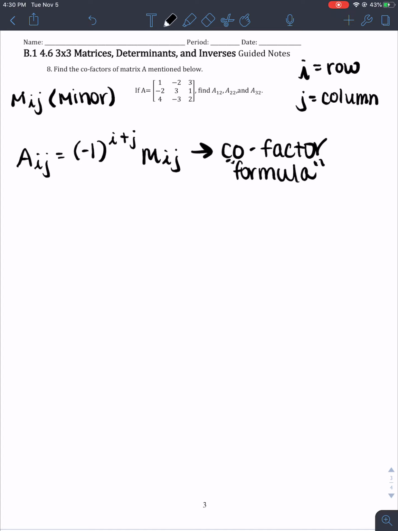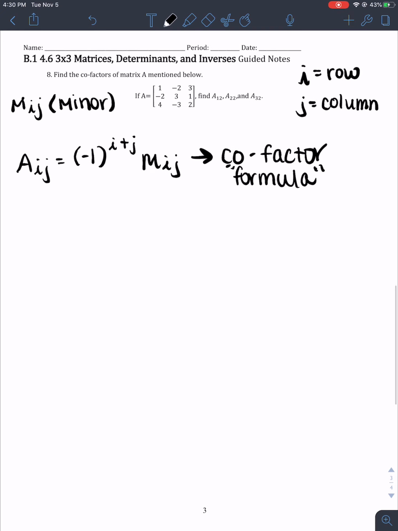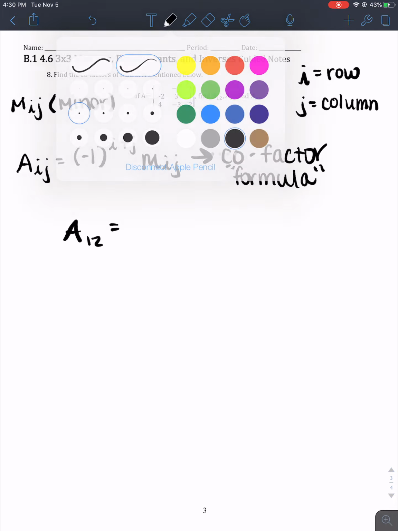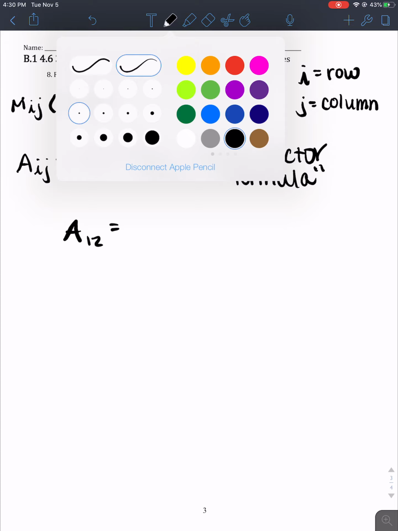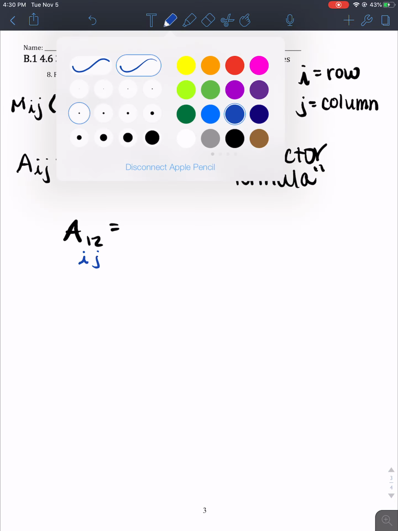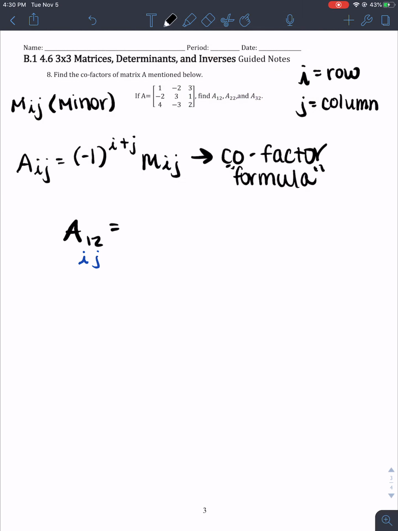All right. So now it tells me to find A sub 1, 2. All right, so we know this is i. Let's use blue. So this is i and that's j. Okay, just as long as we know.